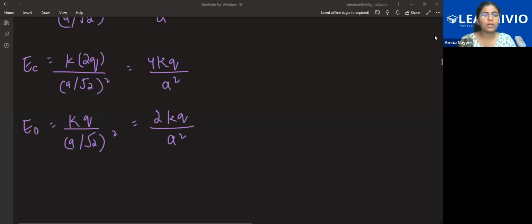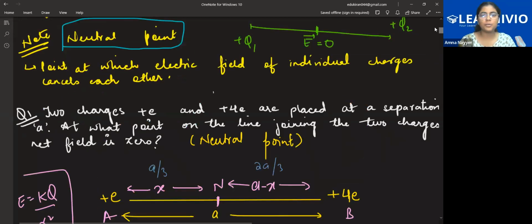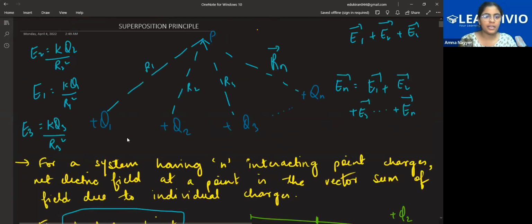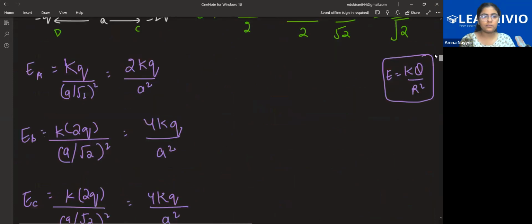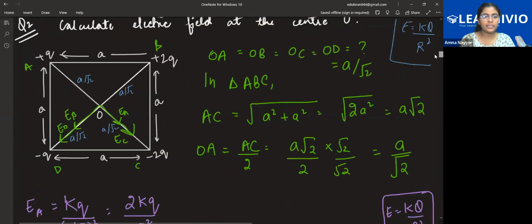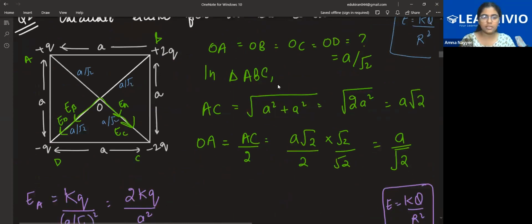Now, what is the superposition principle? Superposition principle says that individual electric fields are calculated and then their resultant is calculated by adding all these vectorially to get the net field at the point. This is the task. So here in this question, EB and EA are present in different directions.